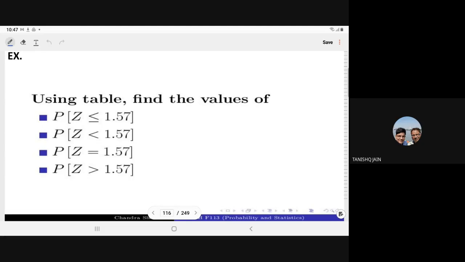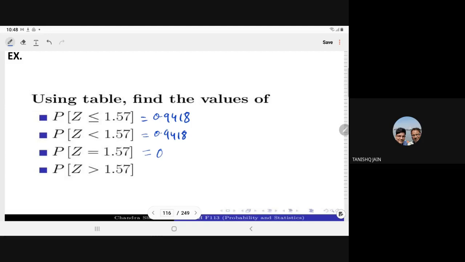So using the table, find the probability of Z less than 1.57. The table value for this is 0.9418, right? And Z is a continuous random variable, so point probability is 0. Whether you take less than or equal to or less than, in both cases we have the same value, 0.9418.